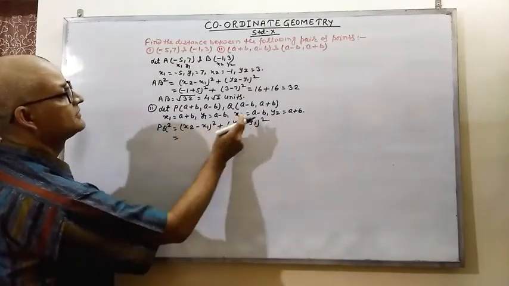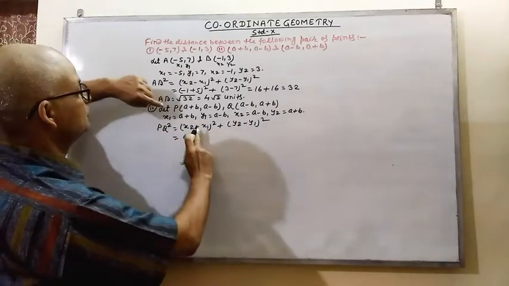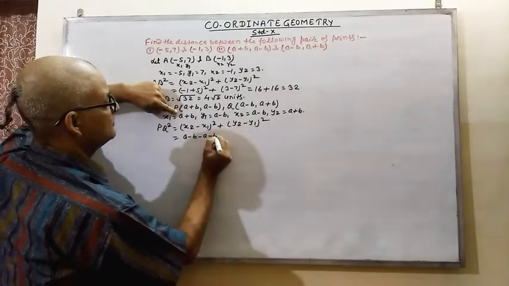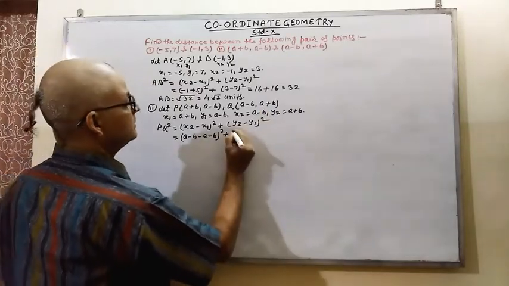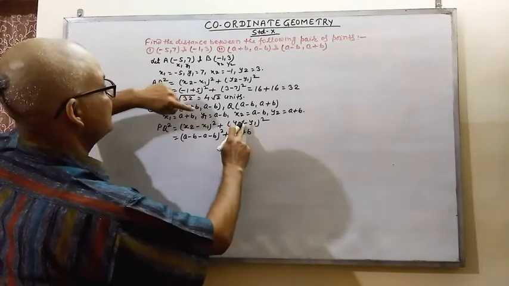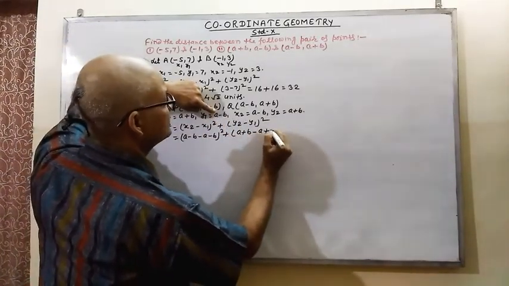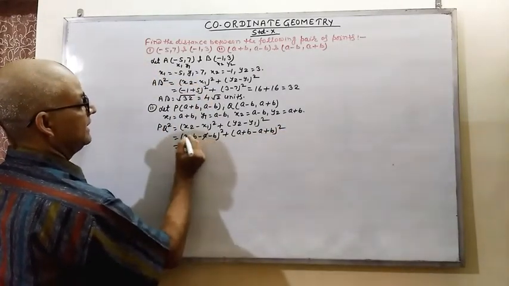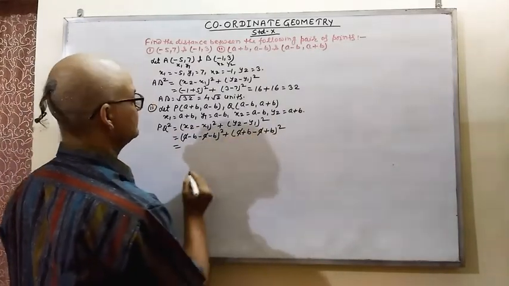x2 is a minus b, minus x1. So now you see this minus sign affects both. So minus a minus b whole square plus y2, that means a plus b minus y1. So this minus sign affects both a and minus b. So minus a plus b whole square. Now a cancels, and here also a and a cancel.